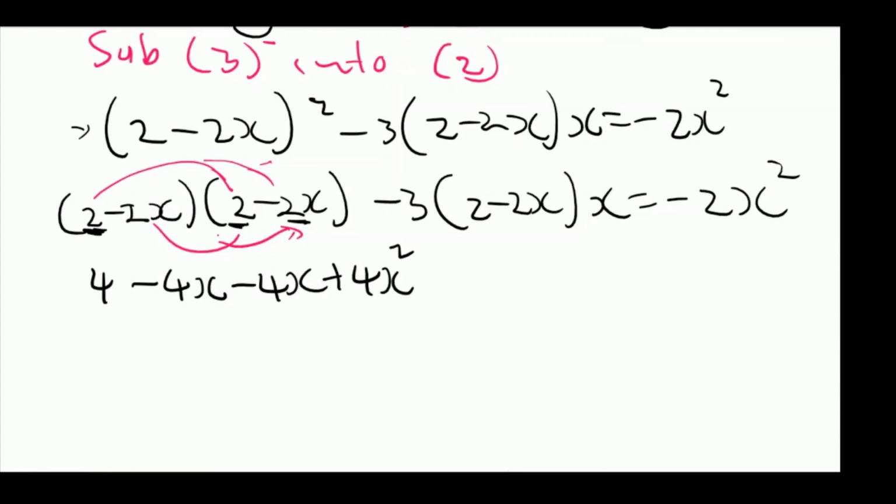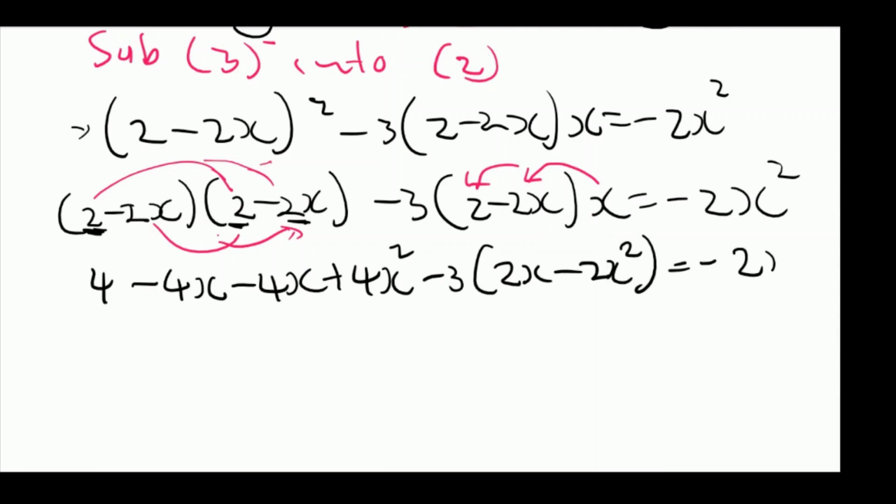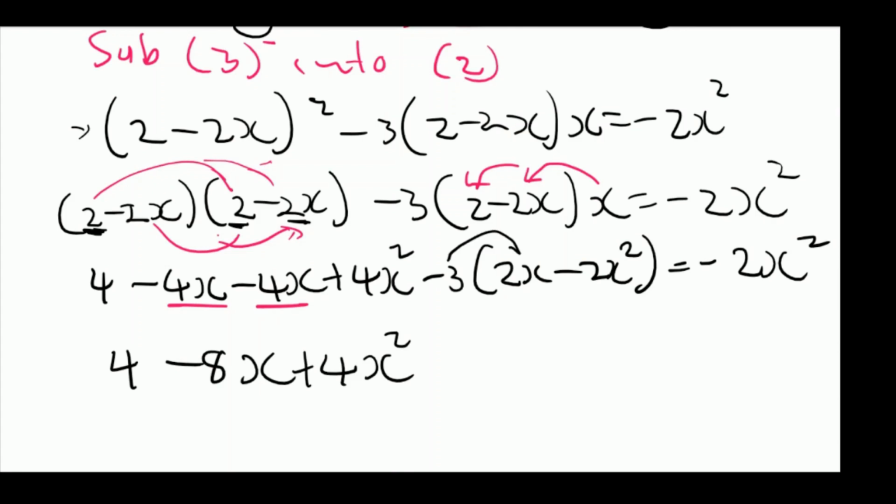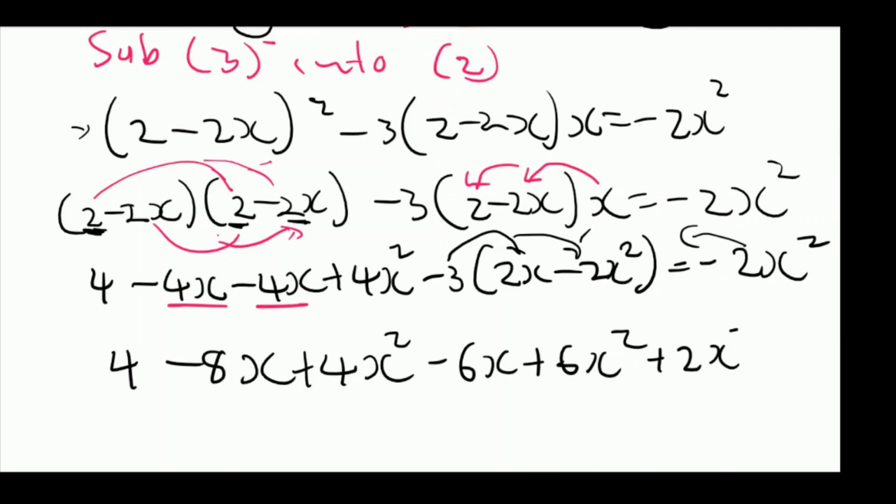Then we multiply the x inside here, and we have minus 3 into 2x minus 2x squared equals minus 2x squared. Then we collect like terms. We have 4 minus 8x plus 4x squared, and then this 3 will multiply everything inside. We have minus 6x plus 6x squared. Transpose the 2x squared to the other side. It's going to be positive 2x squared equals 0.